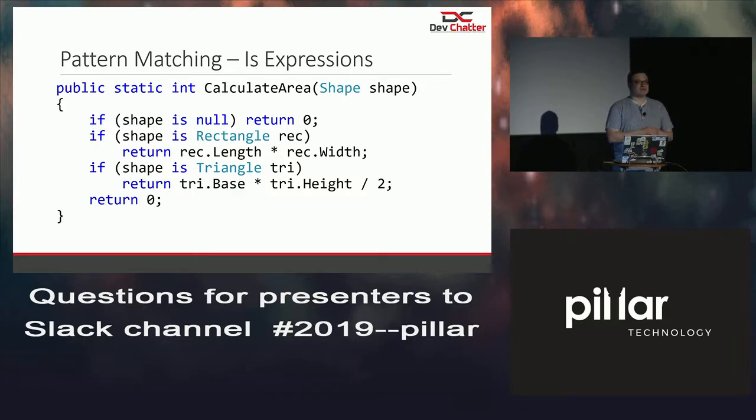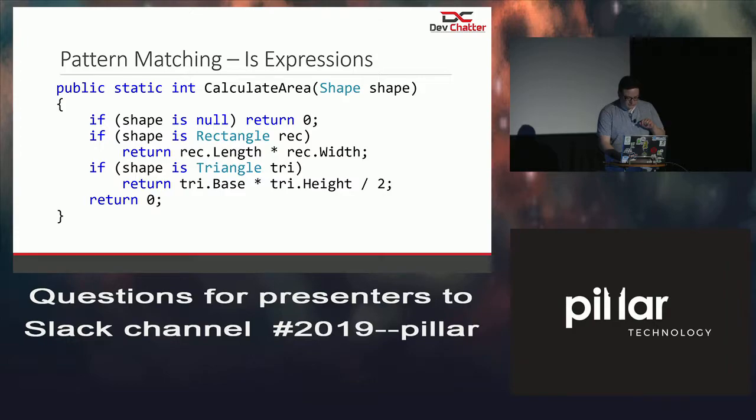And that would be a valid pattern to match. The third thing that we can match, other than, so we can match against a type, we can match against a constant, and then we can match against anything. So that's the set of things that we can match against in C# 7. I need to specify that. 8's coming with more stuff.